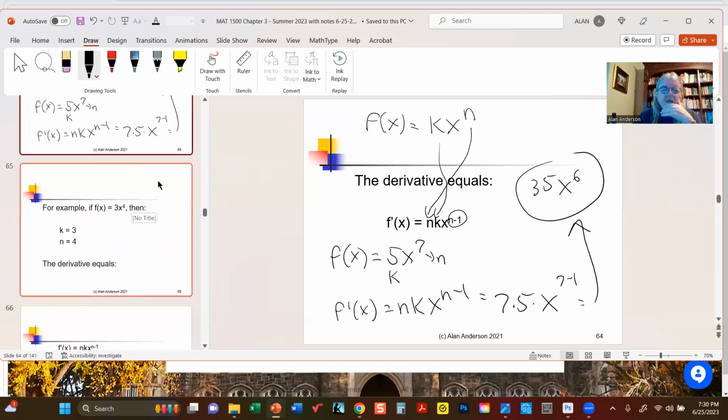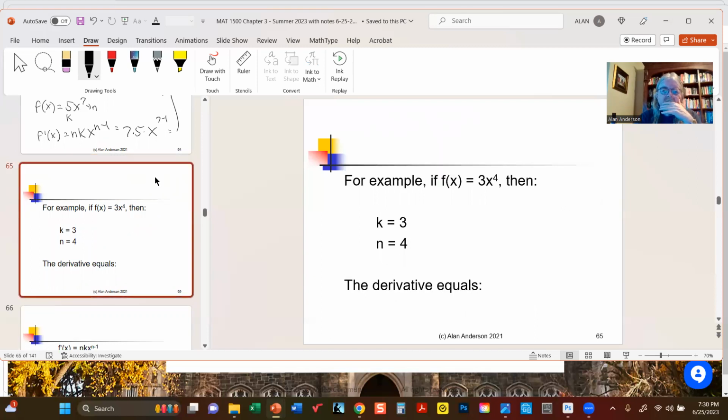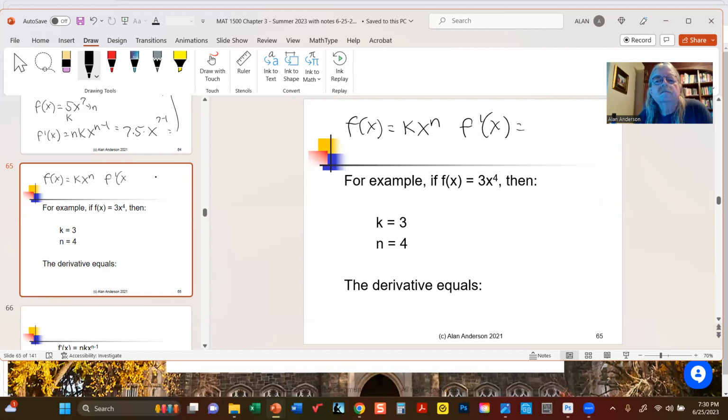All right, here's another quick example. Our function is 3x to the 4th. All right, so that's the rule.